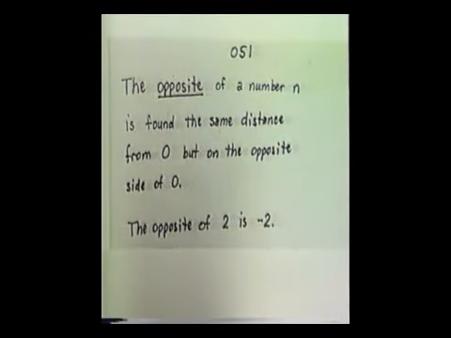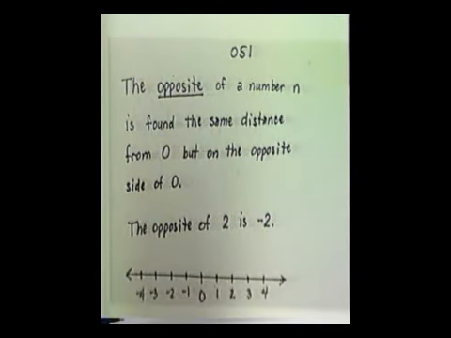For instance, the opposite of 2 is negative 2. It's the same distance from 0, but on the opposite side of 0. 2 and negative 2 are on the opposite sides of 0.